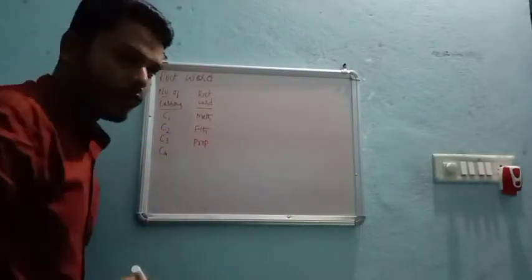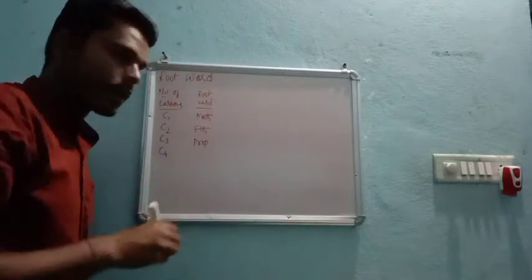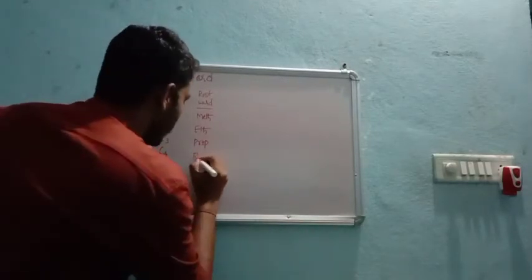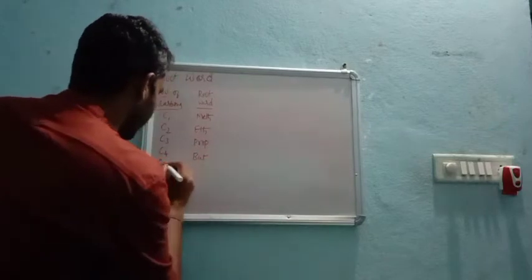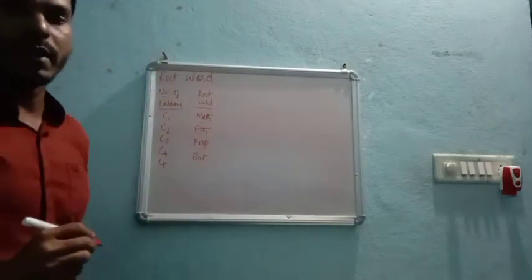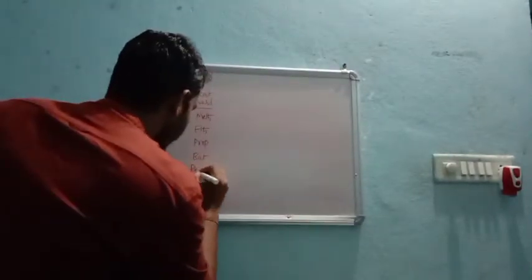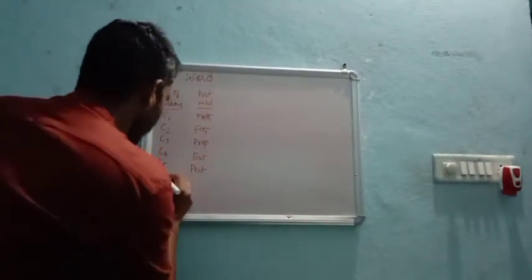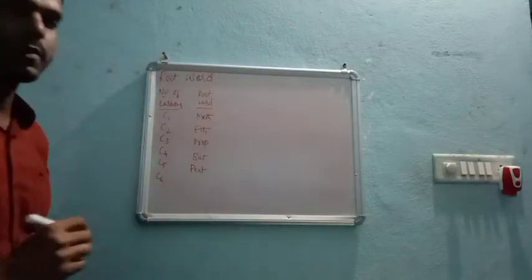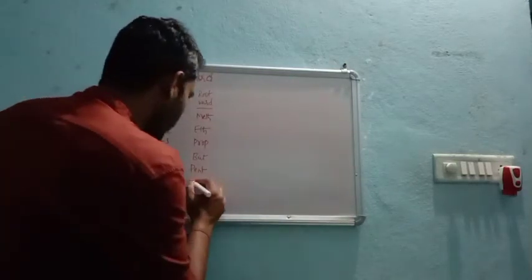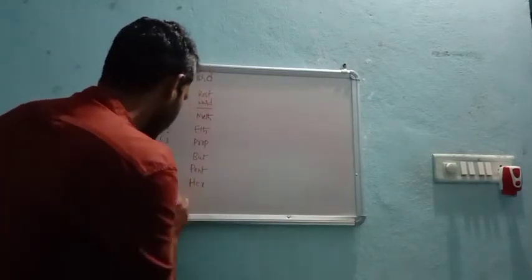If there are four carbon atoms, then it is called but. If five carbon atoms are present, then it is called pent. If there are six carbon atoms present, then it is called hex.